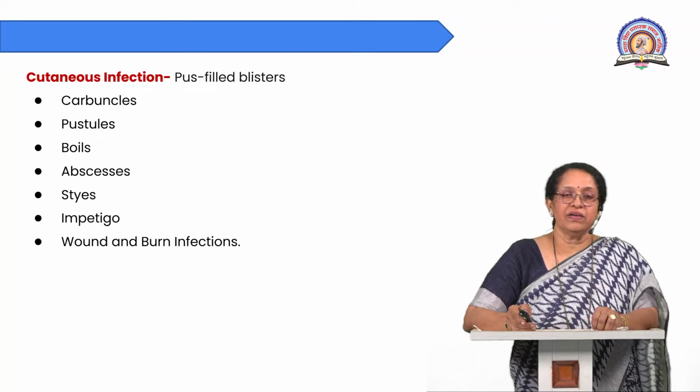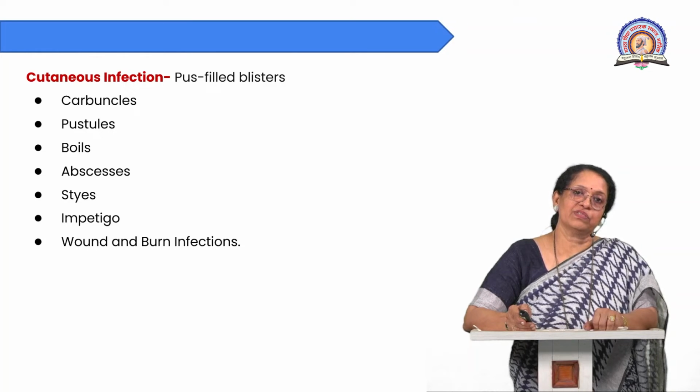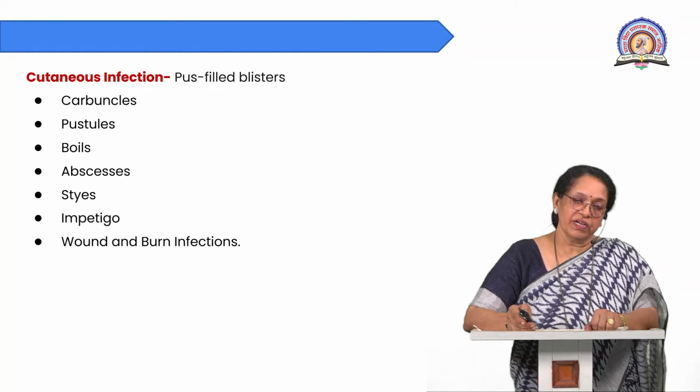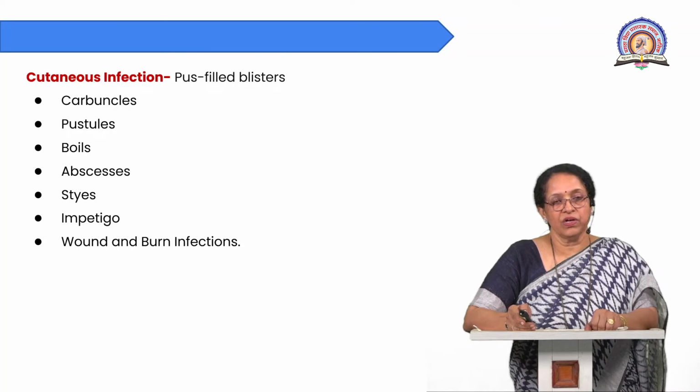Majority of the time, cutaneous infections occur in the hospital environment. The patient is admitted because of burns or wounds on the body, and here this microorganism causes nosocomial infection, that is, hospital-acquired infection. It contaminates the wound as well as the burn, and there is pyogenic formation because of entry of Staphylococcus aureus.